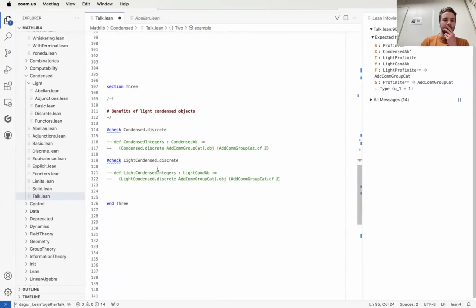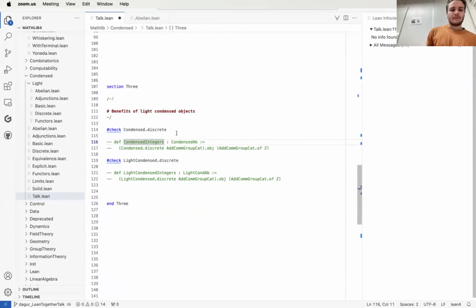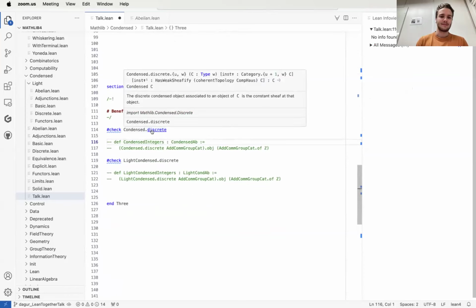Now, here I'll show a small example about why it's nicer to take values in a lower universe, I mean, not having to bump the universe. So let's check this.